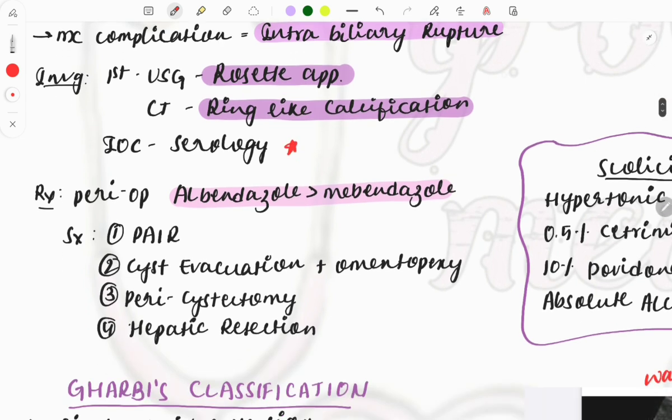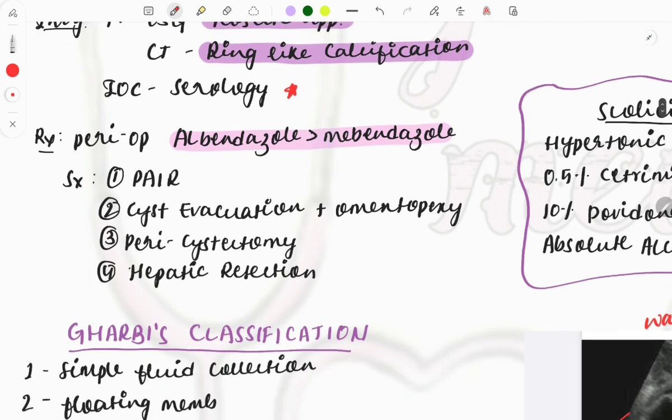Then treatment is perioperative. You will be giving albendazole. Then these are the surgical methods available: one is PAIR, then cyst evacuation plus omentopexy, pericystectomy, and hepatic resection. The full form of PAIR is puncture, aspiration, injection, and reaspiration.